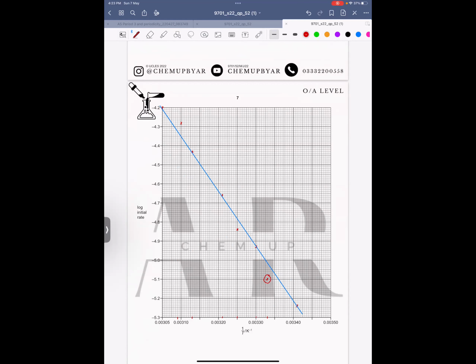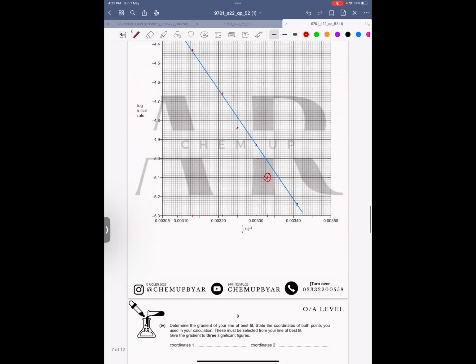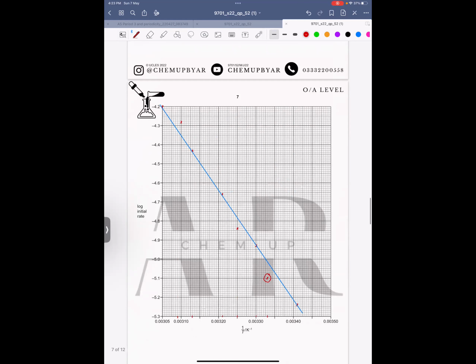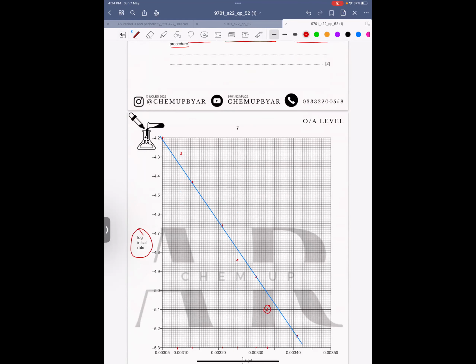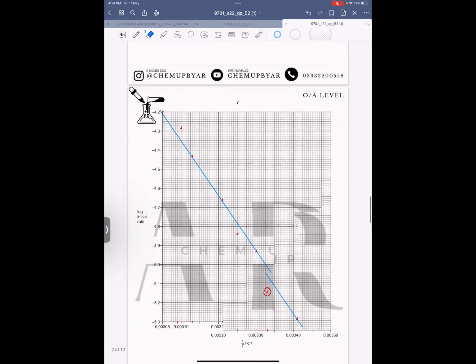Now, what they are saying, suggest one reason why this anomaly may have occurred during the experimental procedure. So here it is a rate, and rate is actually being calculated. So it's not part of the experimental procedure, but the temperature must be.